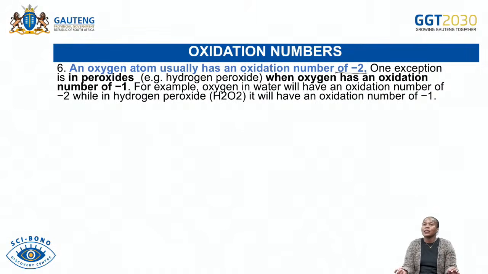One exception is in peroxides, for example hydrogen peroxide, where oxygen has an oxidation number of -1. That is the only case where the oxygen atom will not have an oxidation number of -2.